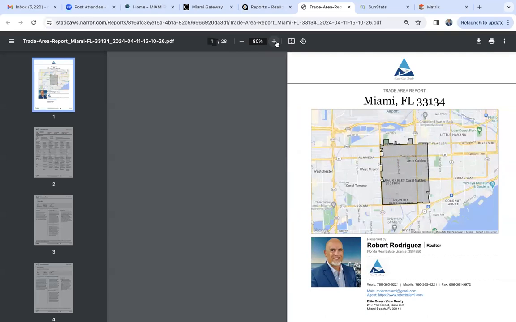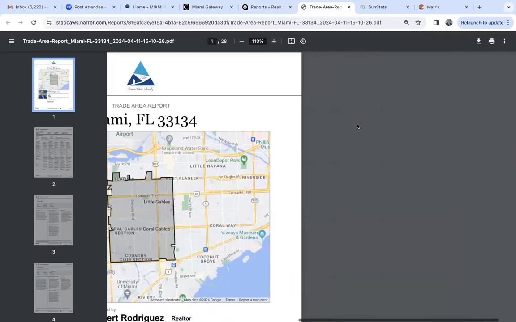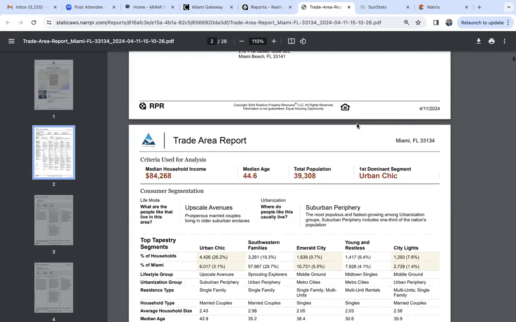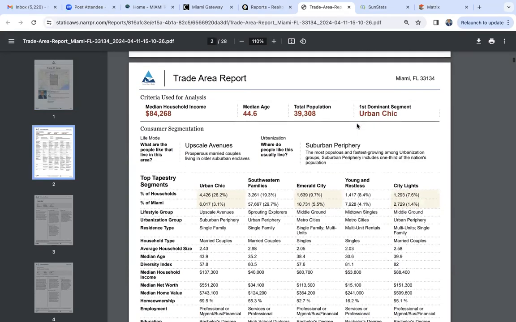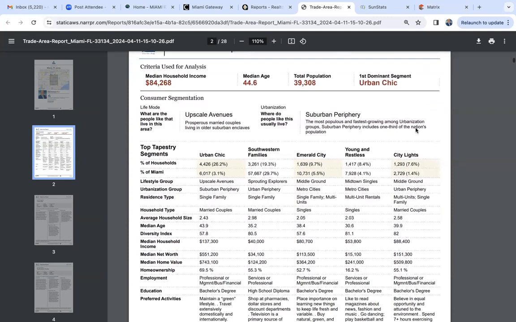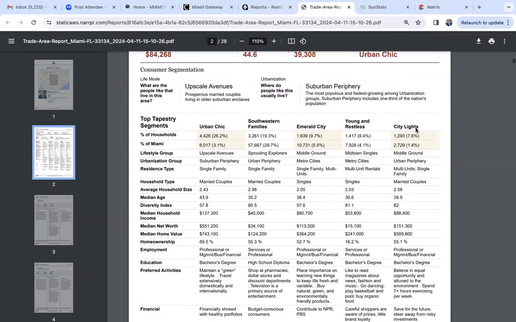Let me zoom in here so you guys can see it correctly. So for zip code 33134, you're going to see here the median household income, the median age, population, and the first dominant segment group in zip code 33134 is called Urban Chic.